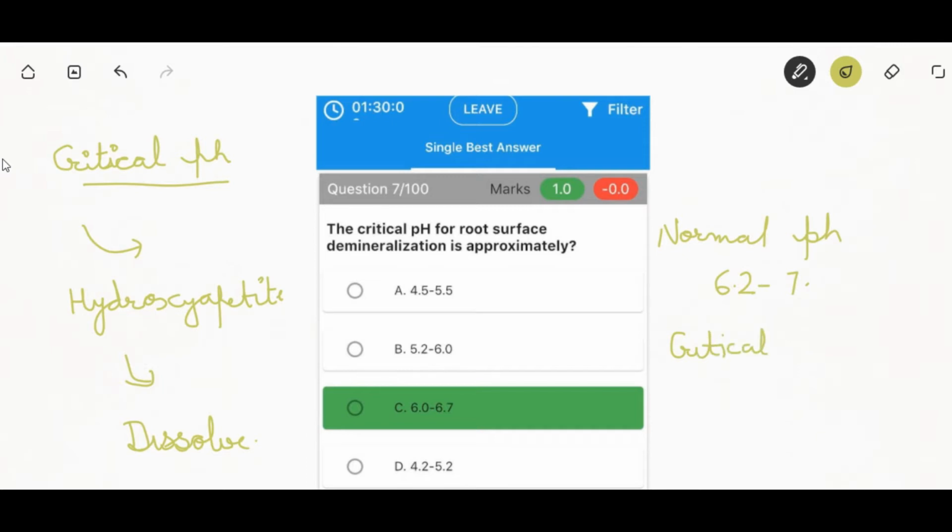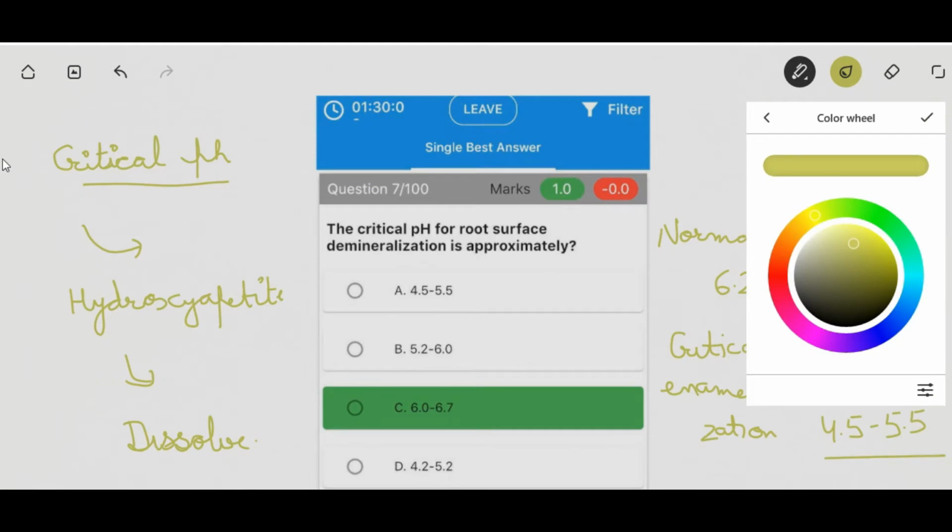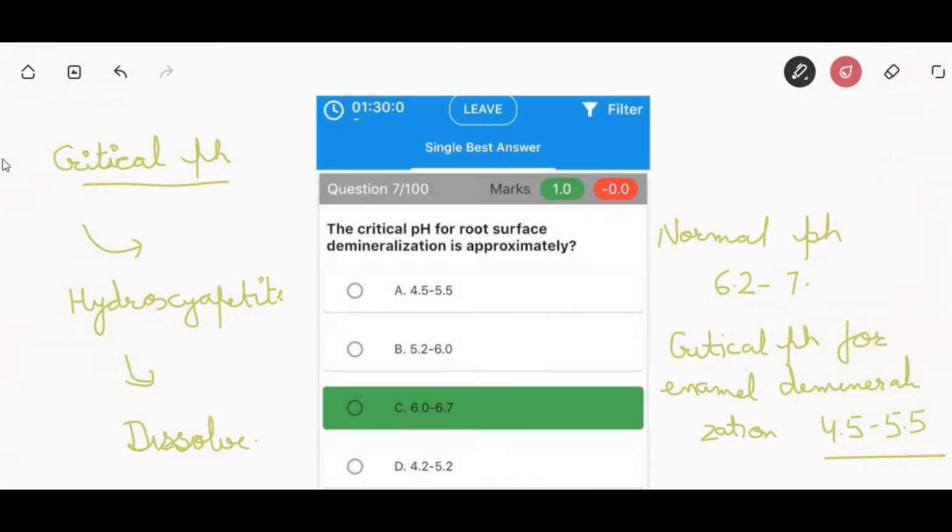The root dentin is more vulnerable to acidic dissolution than the enamel because of its higher critical pH for demineralization than that of enamel. So the term critical pH is a dynamic number that depends upon the salivary calcium and phosphate levels.